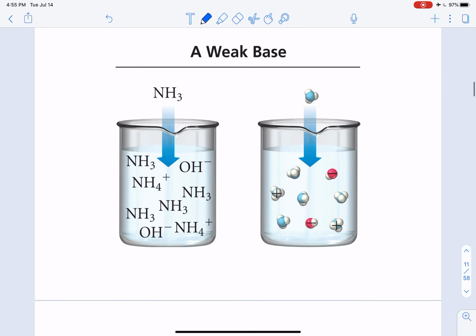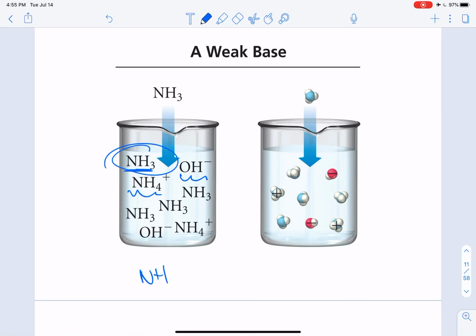So if we look at it in a beaker right here, what we'll see is that because ammonia is a weak base, we still have some of it hanging around in the beaker. We don't have 100% product, so it doesn't completely ionize into ammonium and hydroxide. We still have some of the original stuff around.